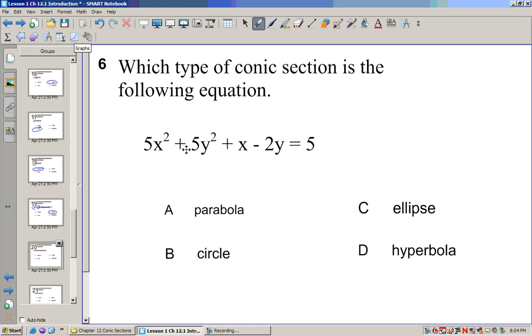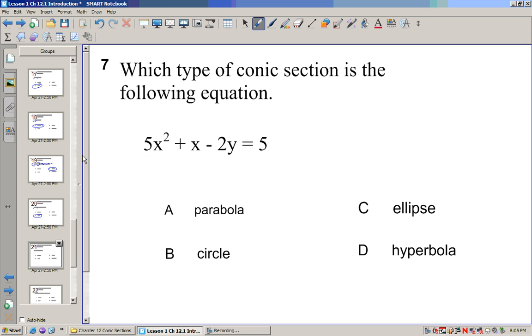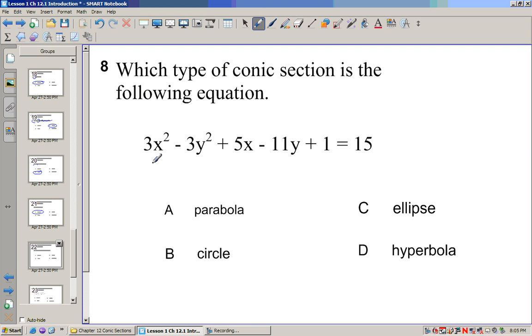This one again, we just look at the coefficients in front of x squared and y squared. They're the same, so that's a circle. This is x squared. There's no other squared term, so this is automatically a parabola. 3x squared, negative 3y squared, positive and negative, that makes it a hyperbola.